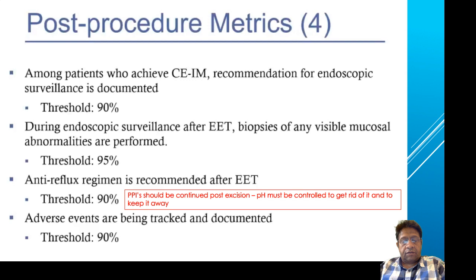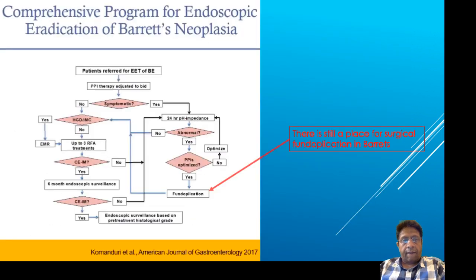During endoscopic surveillance after endoscopic ablation, biopsies of any visible mucosal abnormalities are performed, and this must be done in 95% of cases. An anti-reflux regimen is recommended after EET, and PPIs should be continued post-excision. Acid must be controlled to keep it under control. Furthermore, adverse events must be tracked and documented.